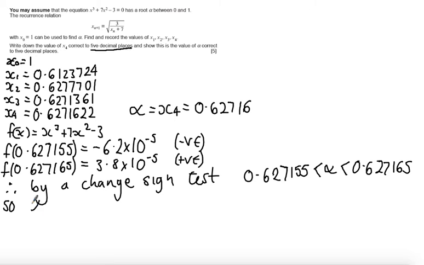So alpha equals 0.62716 correct to 5 decimal places.